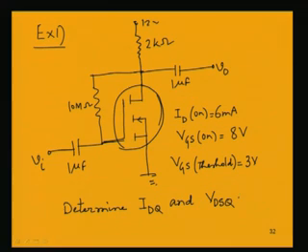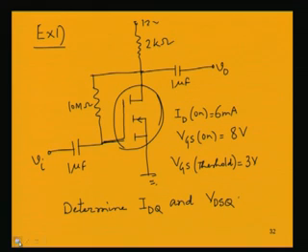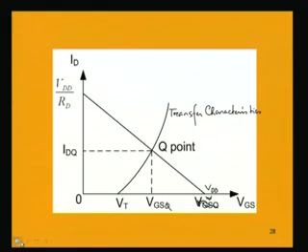So, now if we want to solve this problem, the Q point, whatever we have seen here, is actually denoting these two: one is the drain current and the other is the gate to source voltage.